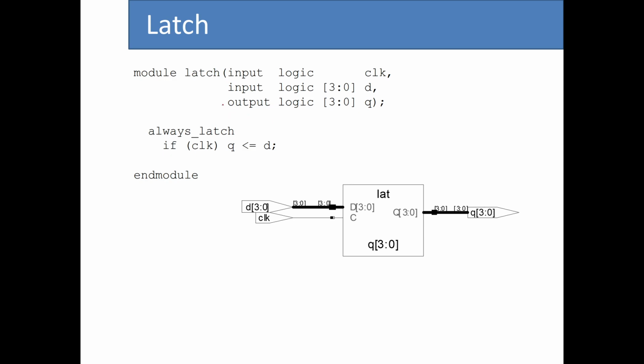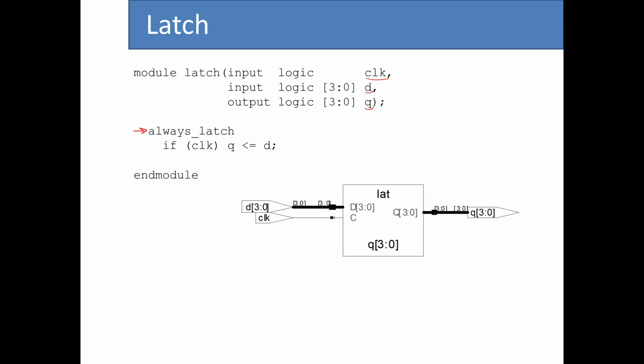So for creating a latch, we have only a clock signal, and then we have the data input and Q output. The keyword that we will be using for creating latches is always_latch, and as you can see here, there is no sensitivity list anymore.